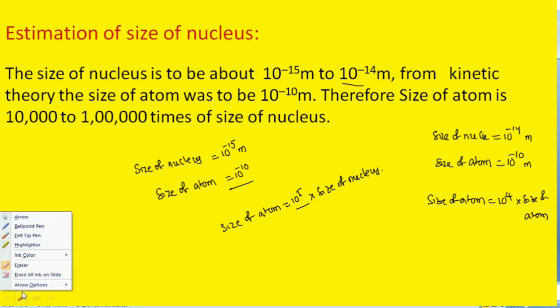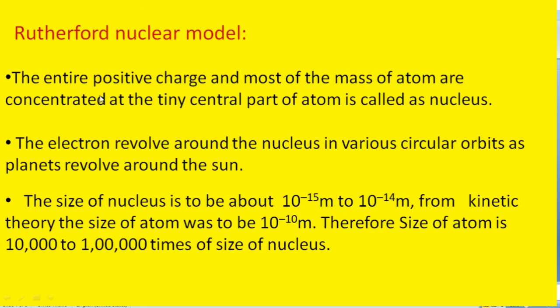Now let us go for the next slide. Rutherford nuclear model. Based on the Rutherford alpha scattering, the Geiger-Marsden experiment, they concluded, and Rutherford gave a model. According to his model, the entire positive charge and most of the mass of the atom is concentrated at the tiny central part of the atom.